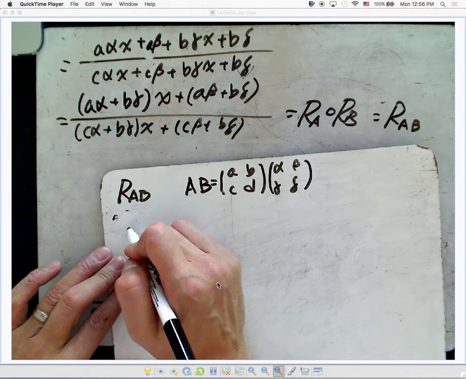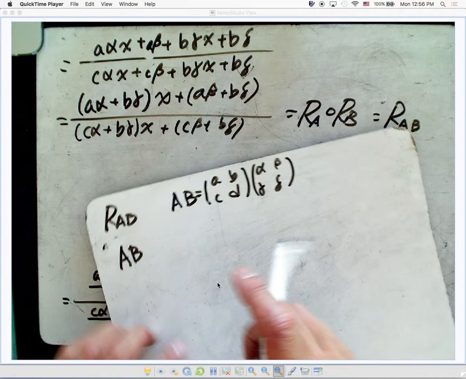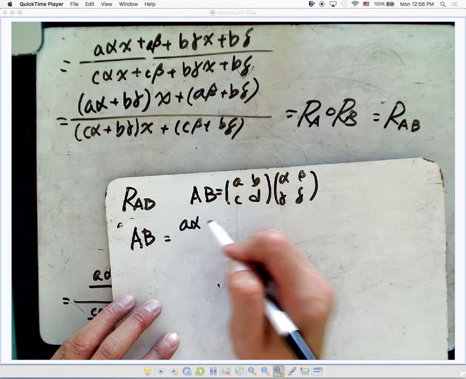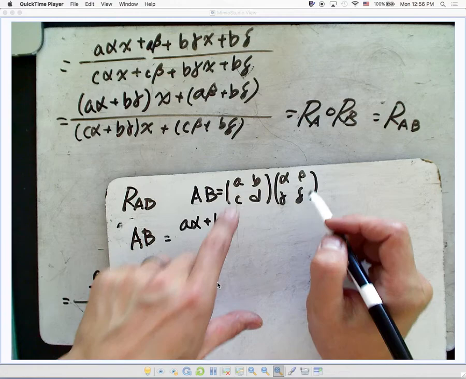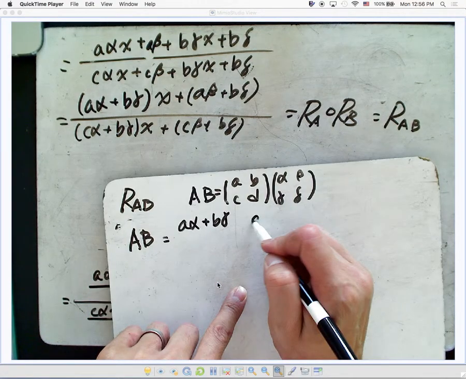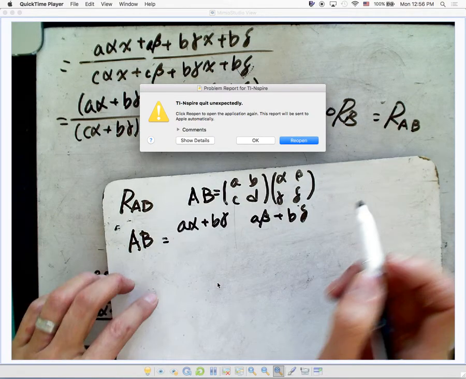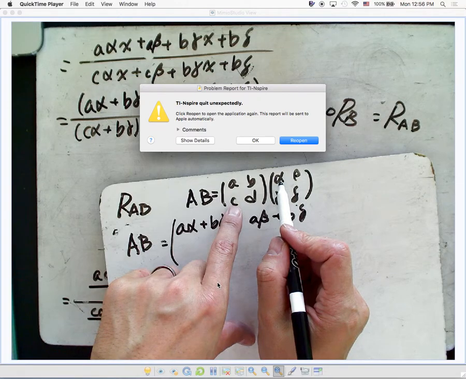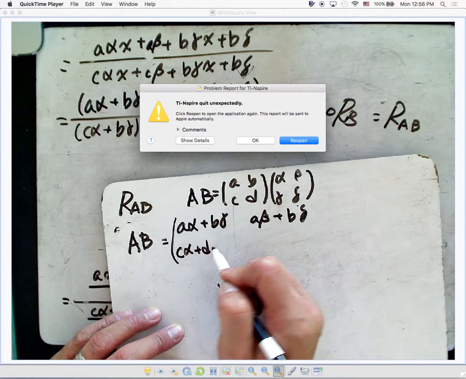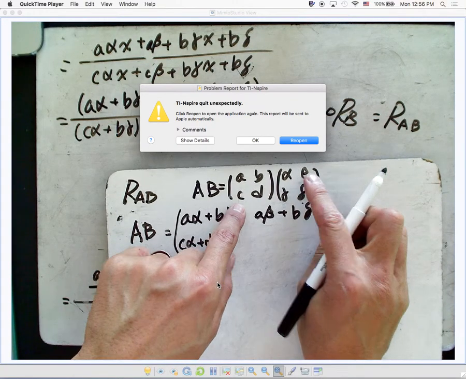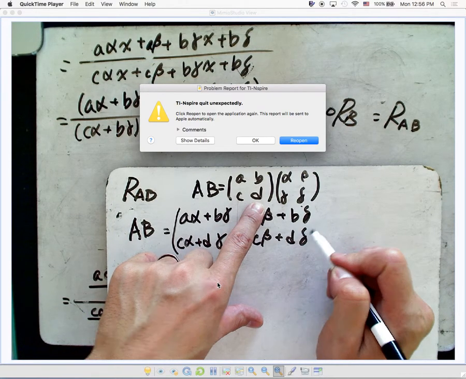Remember how to do it? Multiply, multiply, and add, right? So a alpha plus b gamma, a beta plus b delta, c alpha plus d gamma, c beta plus d delta, right?